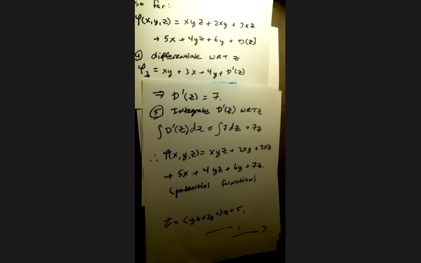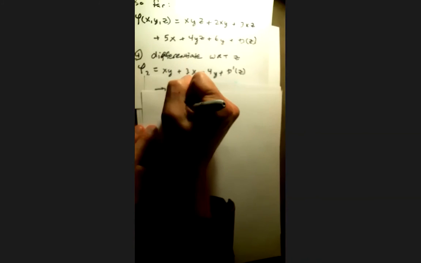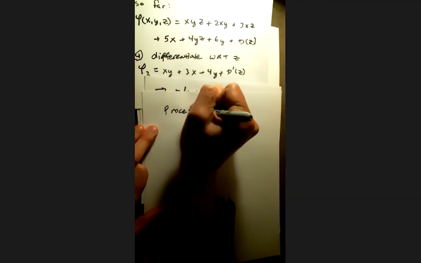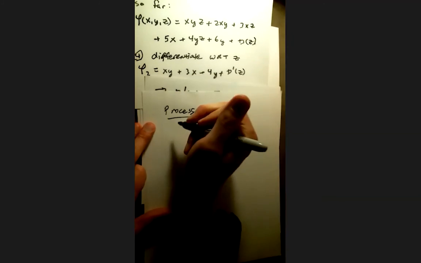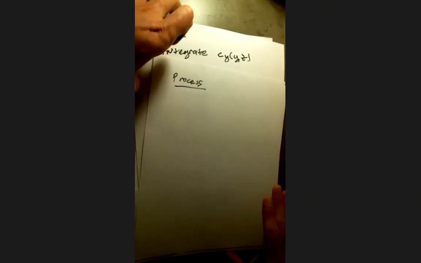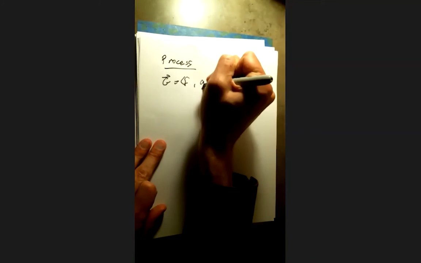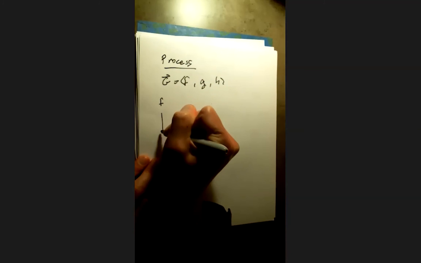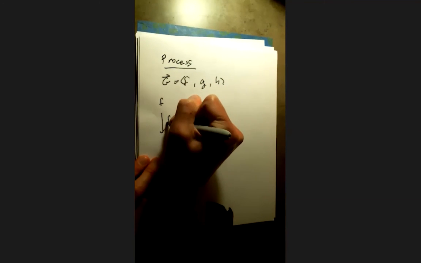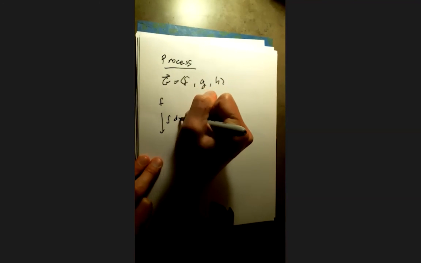And again, in terms of process, we started with our function G equal to f, comma, little g, comma, h. We started with f and we integrated with respect to x.